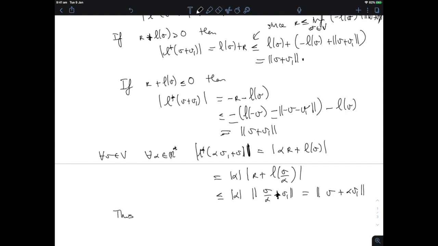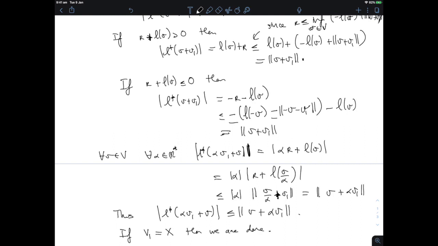So what we have is that L star of alpha V1 plus V in absolute value is smaller than norm of V plus alpha V1. So if V1 was already equal to X, then we are done. All right, we found our L star in X star.